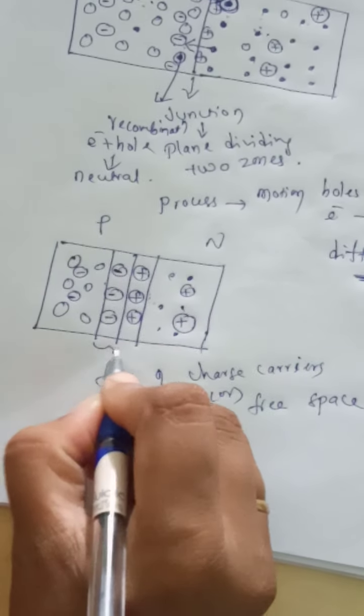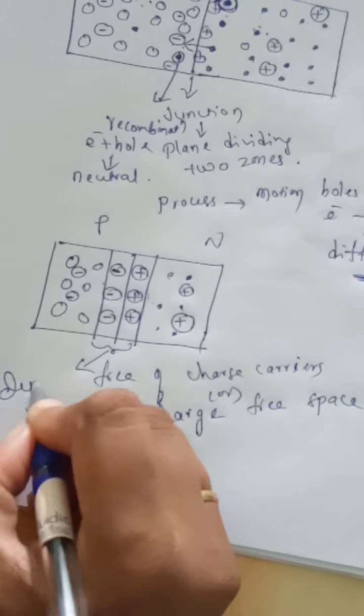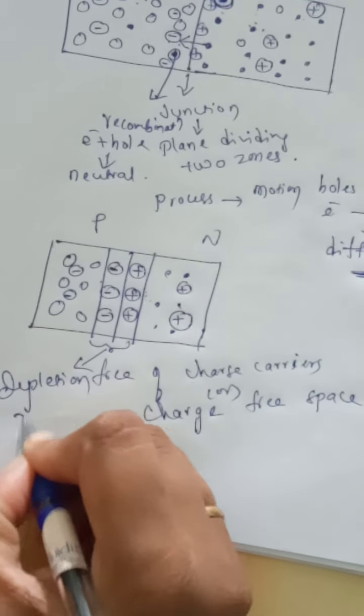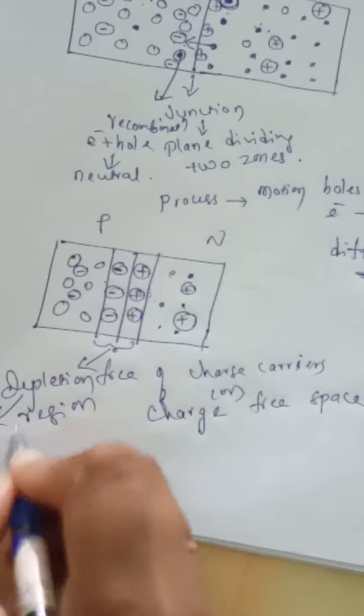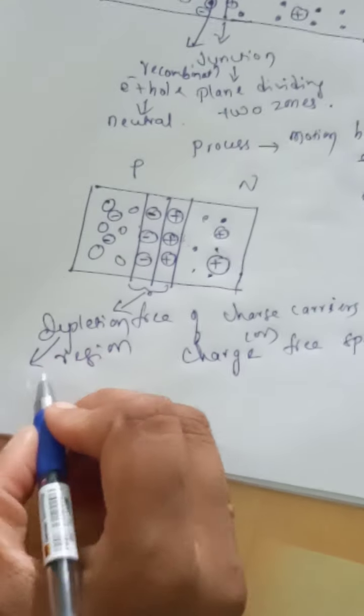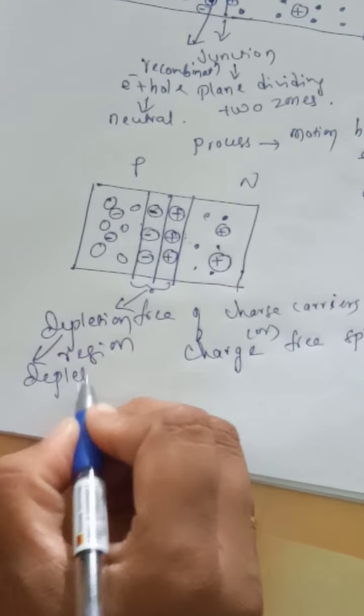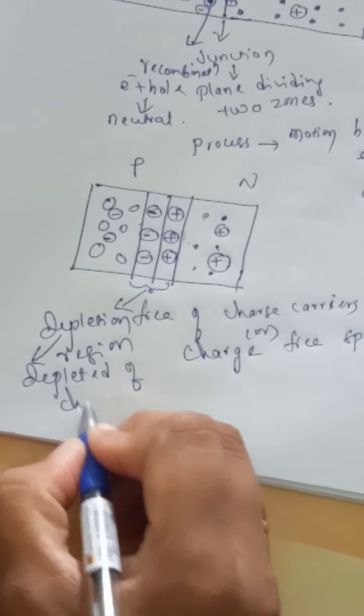So this region we call the depletion region, meaning this region is depleted of charge carriers.